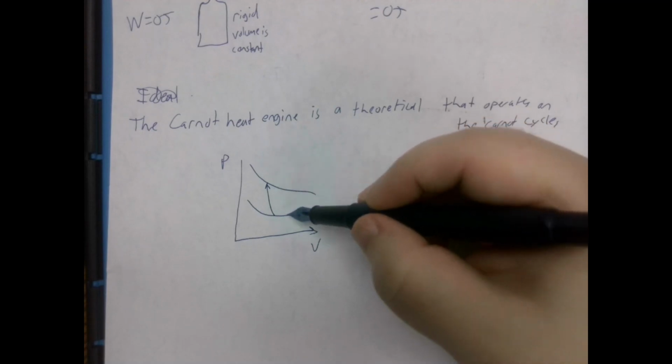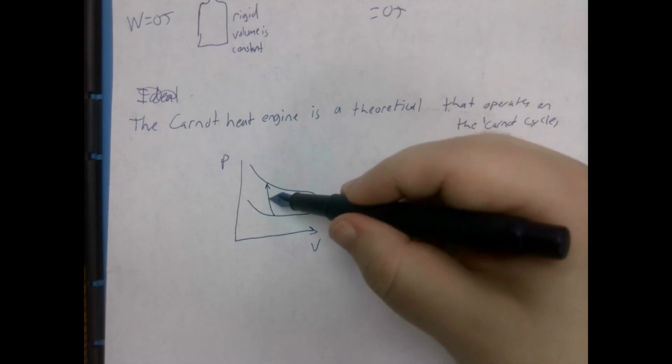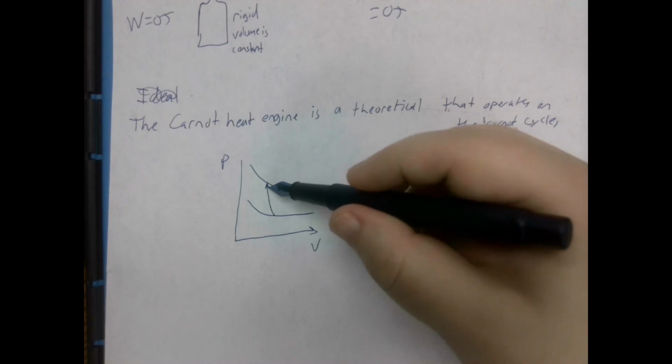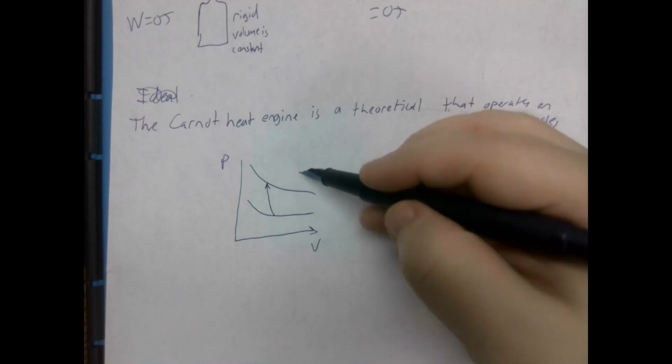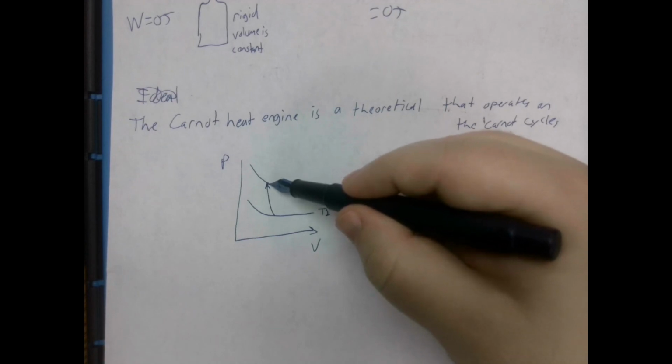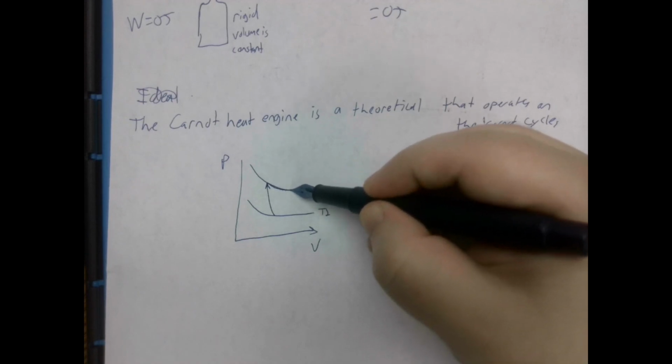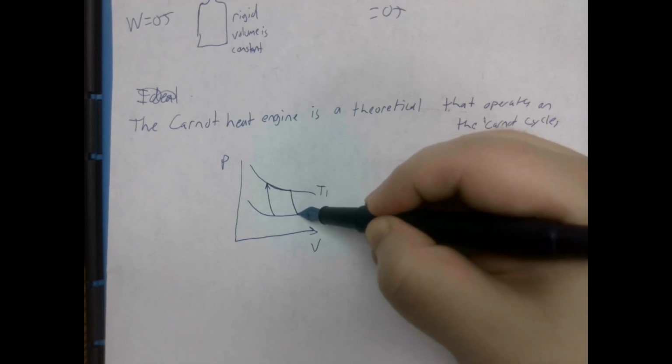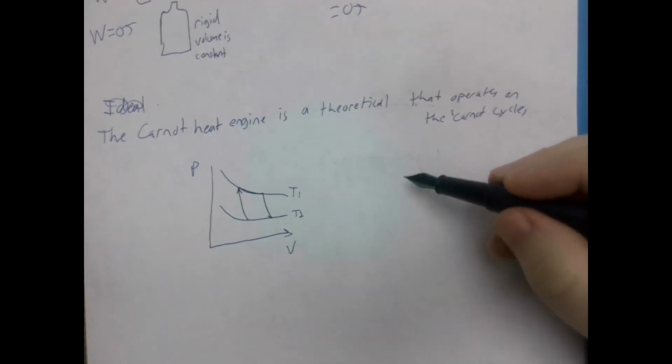However, as you decrease the volume and increase the pressure, so this is T1 and this is T2, temperature is going to then decrease. And then as you increase the volume of the piston, I'm still drawing it wrong. Let me draw this better.